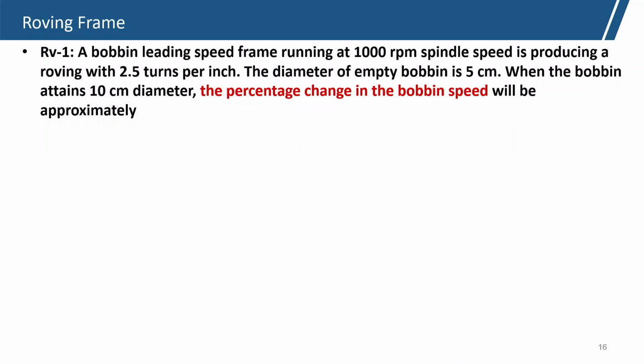The empty bobbin diameter is given as 5 centimeter, and what we wanted to measure is the percentage change in bobbin rpm when the diameter changes to 10 centimeter.